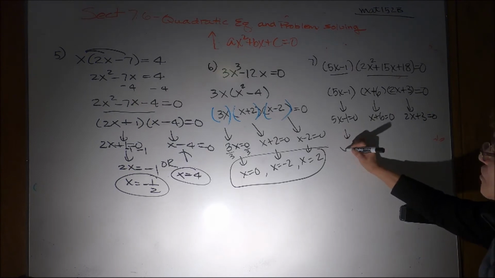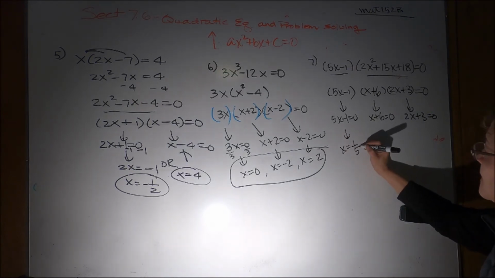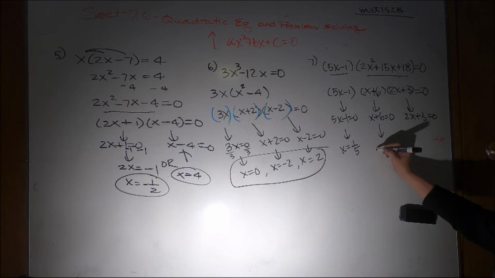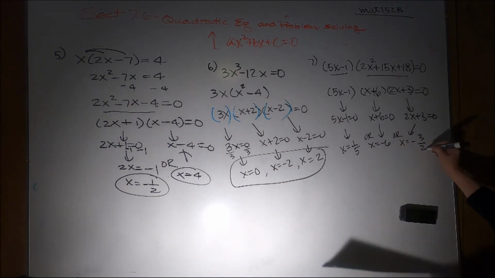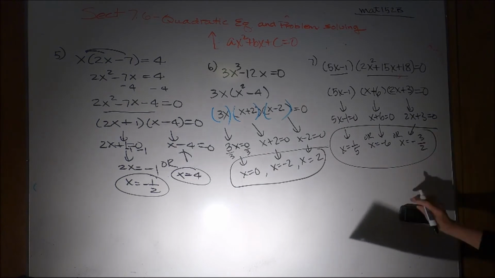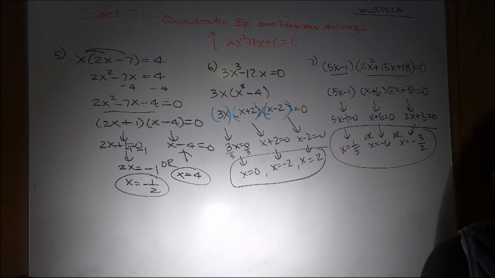So you solve individually, that's x equals 1/5, or this one would be x equals what? -6, or this one can be what? -3/2. That would be your answer.